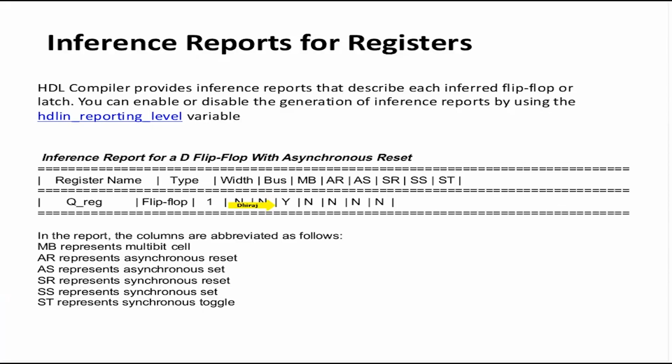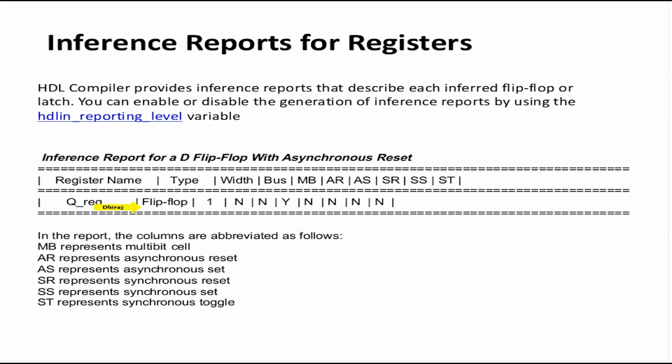What about the combinational logic? If, for example, your combinational logic is not correct, and we saw in the previous lecture that a few small mistakes could mean inference of a latch. So if you see a latch here and you did not mean it, you can search for latch in this report.